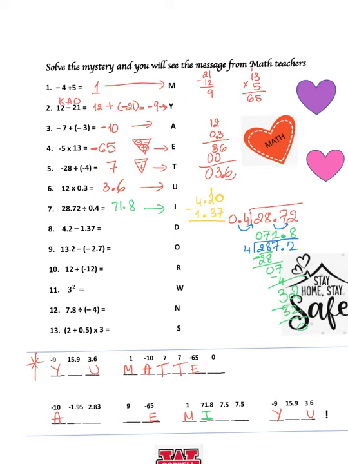So 10 minus 7, I got 3. 2 minus 3, I can't do that, so I need to borrow 1. And 12 minus 3 is 9. 9 take 1 away, it is 8. And 4 minus 1 is 3, take 1 away is 2. So 2.83. So for number 8, this answer is 2.83. We have letter D.